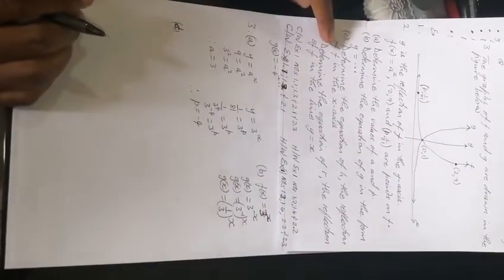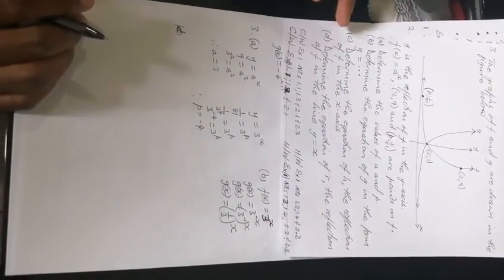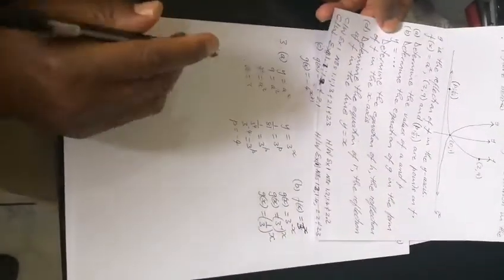Part D, which is our last part of this question. Part D says, part C, I had skipped part C. Determine the equation of H, the reflection of F in the x-axis. Now we are saying we are reflecting F in the x-axis.